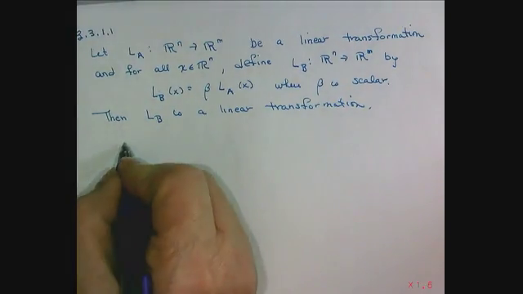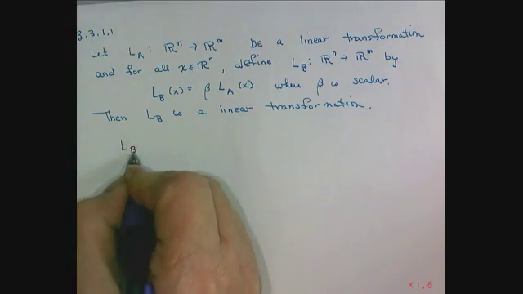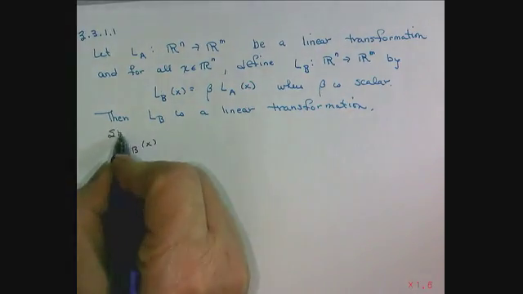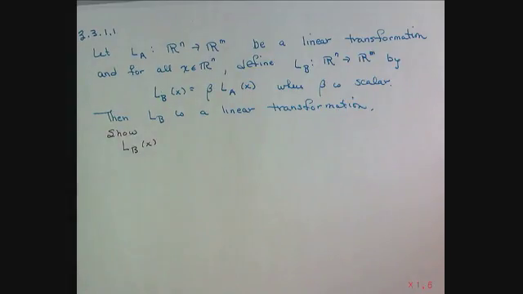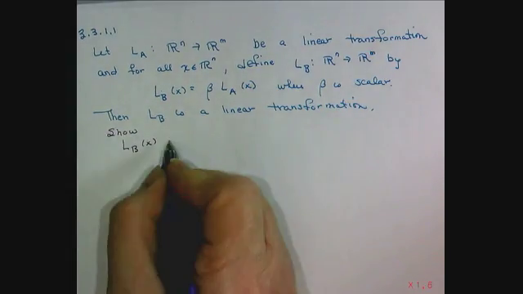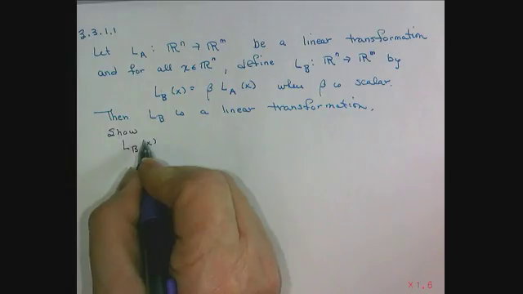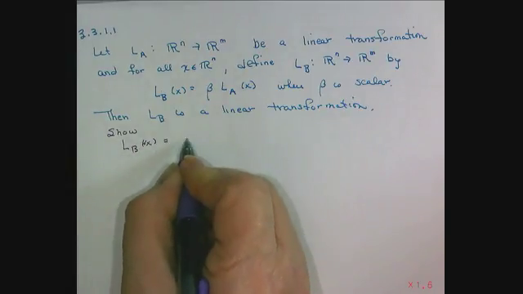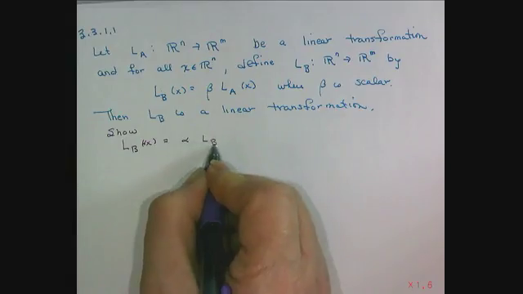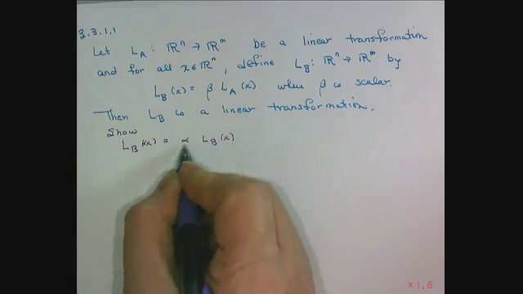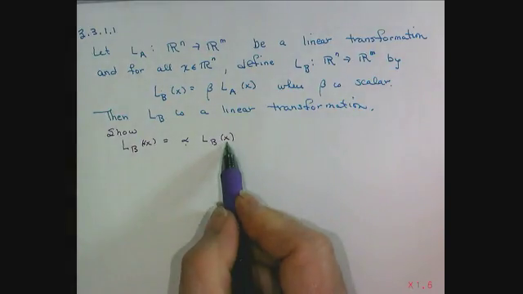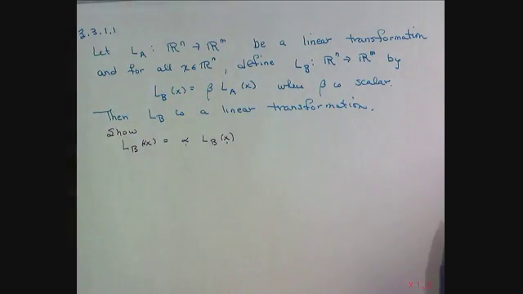If I want to show that L sub B is a linear transformation, I need to show two things. I need to show that L sub B of alpha times x is alpha times L sub B of x for all scalars alpha and vectors x in Rn.